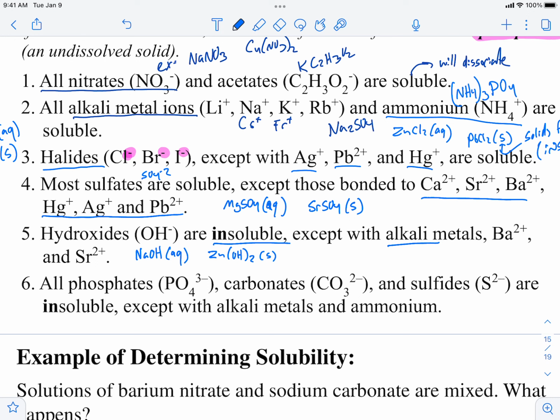All right, and the last rule. The last rule is a catch-all, sort of. We've got phosphate, carbonate, and sulfides all smushed into one rule. The reason we put them in the same rule is because they all behave the same way. These polyatomic ions, when they are in compounds, are all insoluble, except for alkali metals and ammonium. And in case you forgot, ammonium is NH4 with a positive charge.